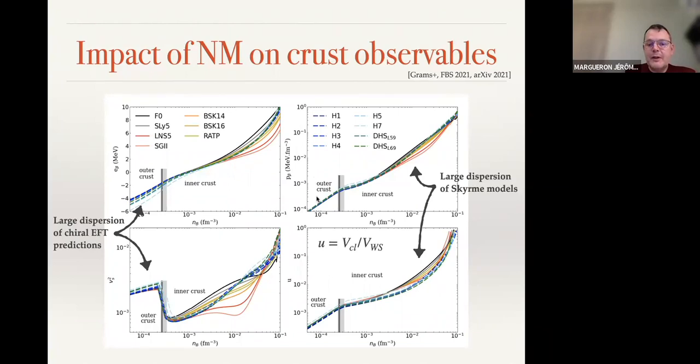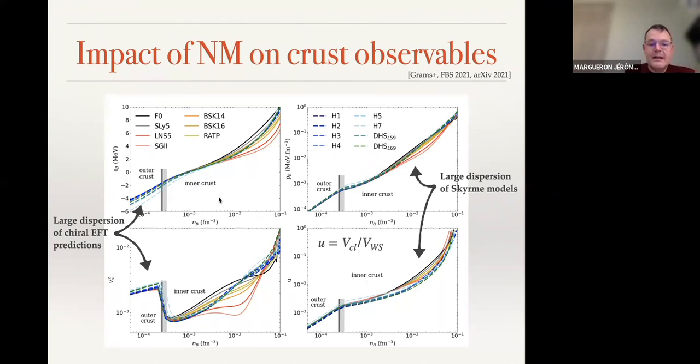Then the pressure at beta equilibrium in the crust, the sound speed at beta equilibrium, and the volume fraction. Here, as I was saying before, in the outer crust the volume fraction is increasing with n_B, and as we enter into the inner crust it is still increasing, but at a lower rate, which is because of the contribution of the gas density in the previous equation.